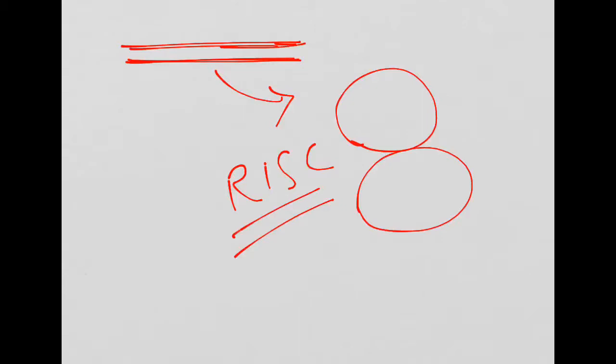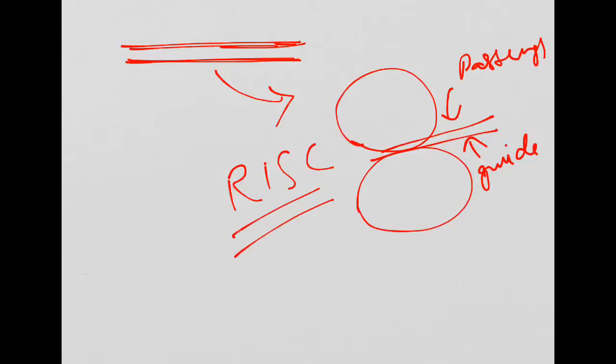And out of those strands, one strand will be called your guide strand and the other strand will be called your passenger strand. The passenger strand will be cleaved before taking to your target mRNA molecule, and the guide strand will remain intact with the RISC protein.